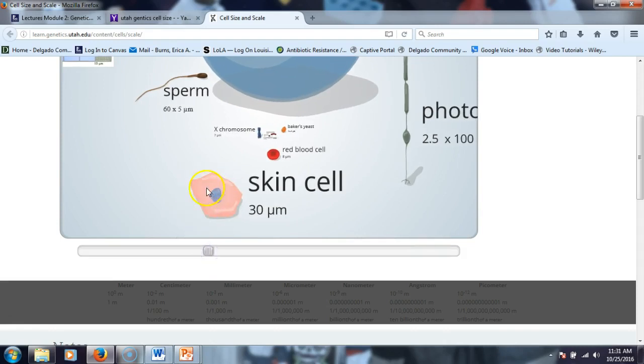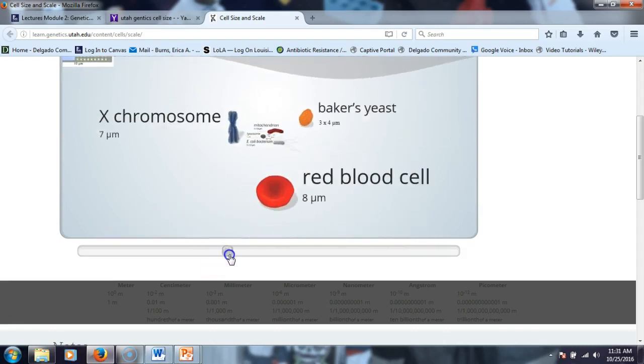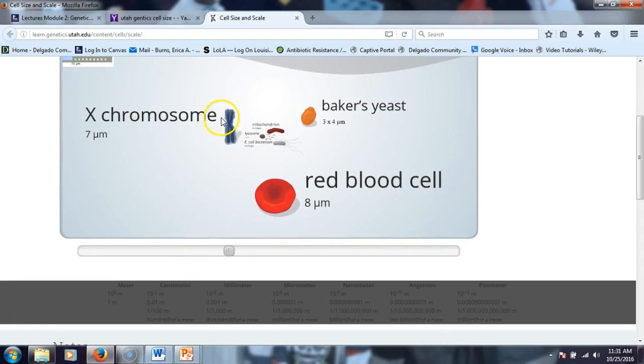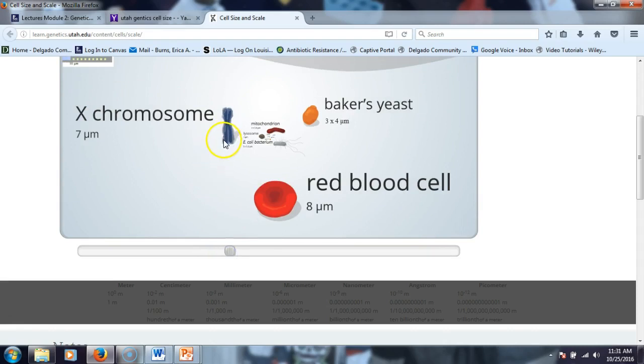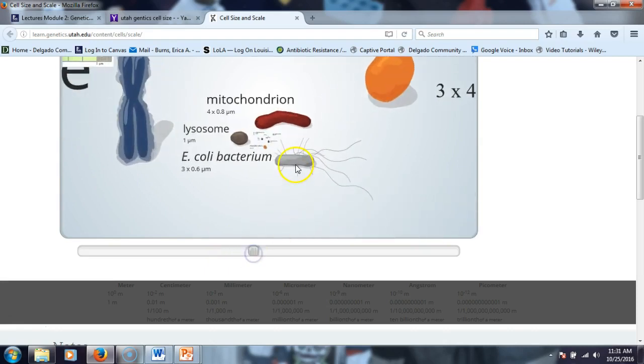But here's a skin cell, a red blood cell, and look at the chromosome compacted, the X chromosome even, compacted, 7 micrometers. That's bigger than this poor little E. coli right here. One of our chromosomes is bigger than one of these guys.